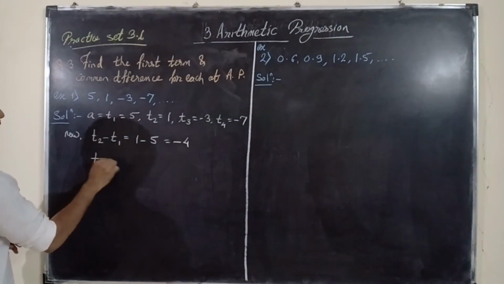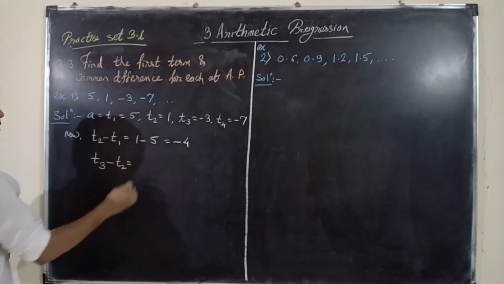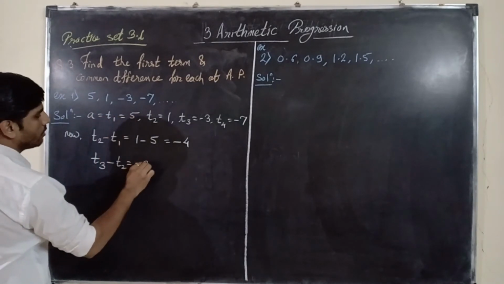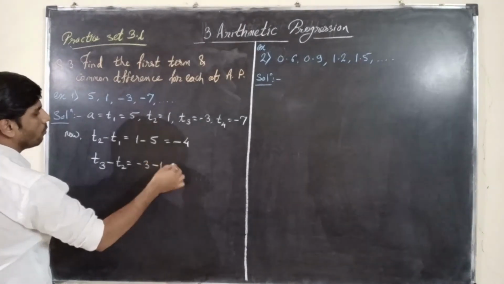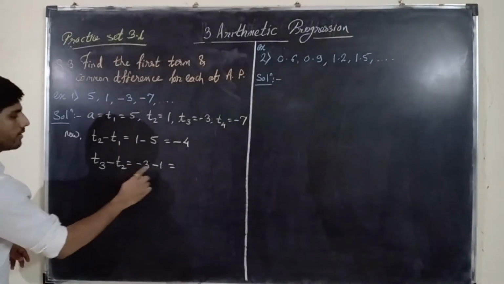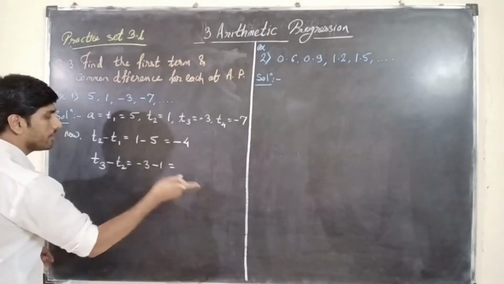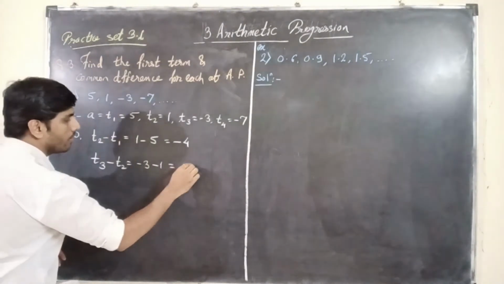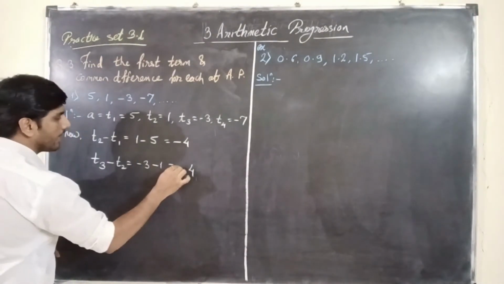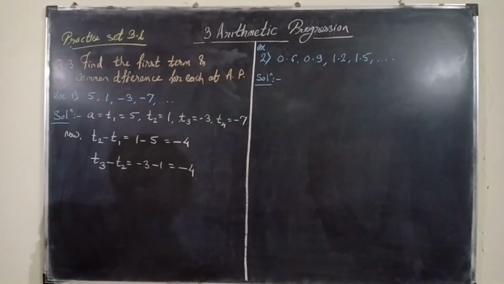Now we will find T3 minus T2, which is equal to negative 3 minus 1. Now here signs are same, so addition will take place. So 3 and 1 is 4 and greater number sign, so this will become negative 4.